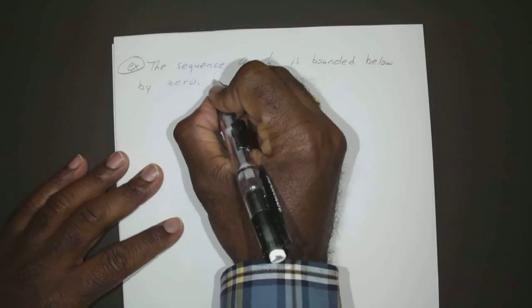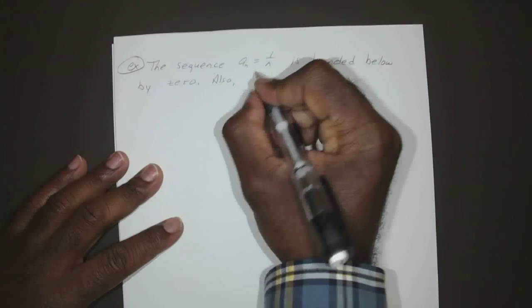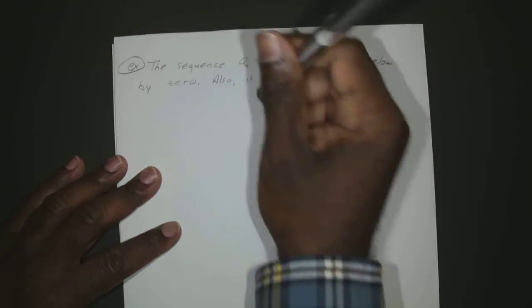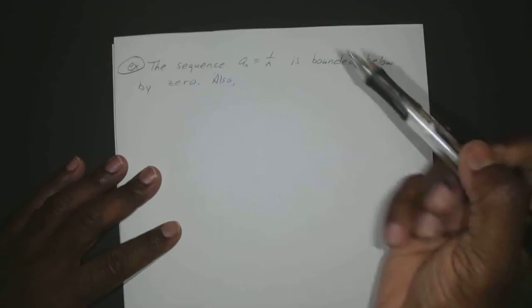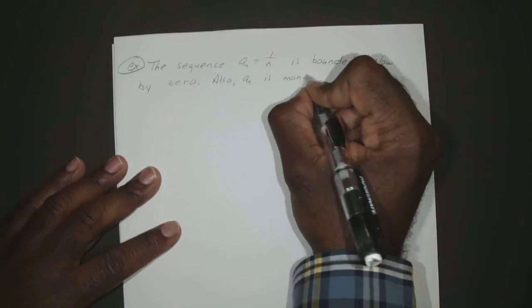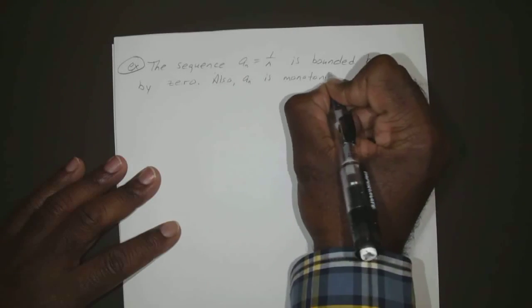Okay. And also, it's monotonic, because as n gets bigger, it just keeps getting smaller and smaller and smaller. Okay.